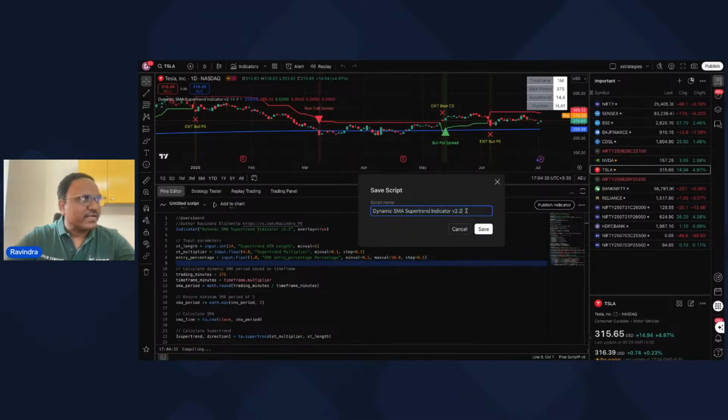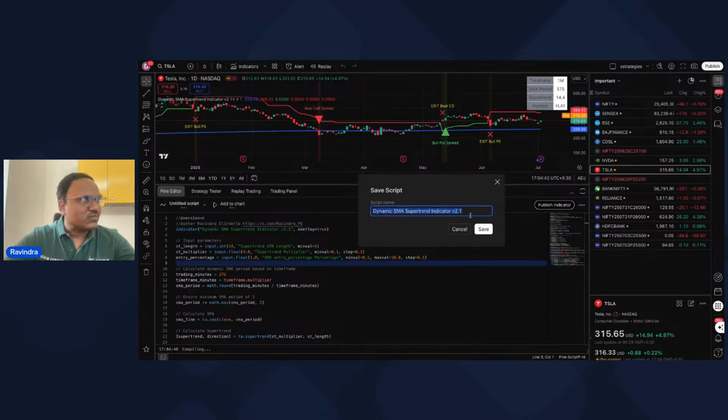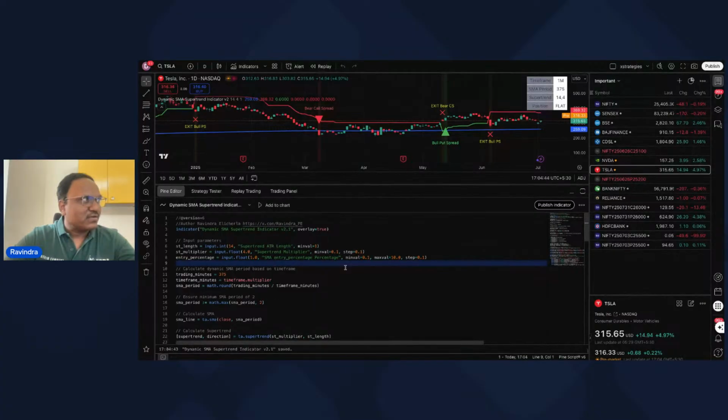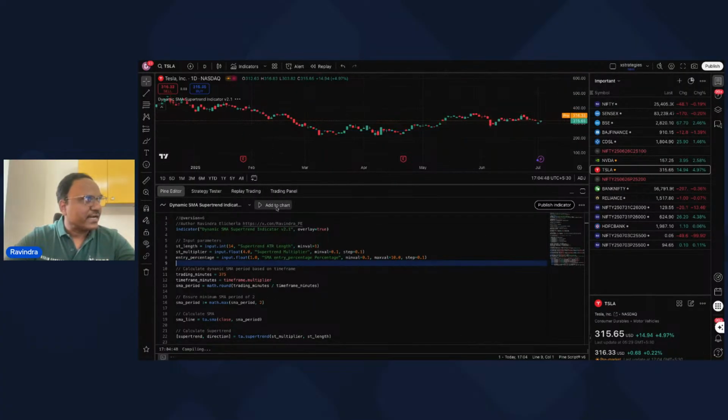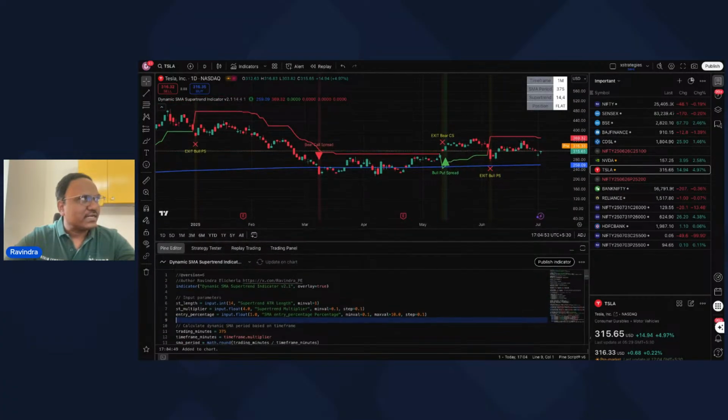Right now it is 2.1, and then save, and it says 2.1, and save the script. Once you save the script, I'm going to delete this for now, and then say add to chart. Once you add to chart, you will be able to see the indicator directly.